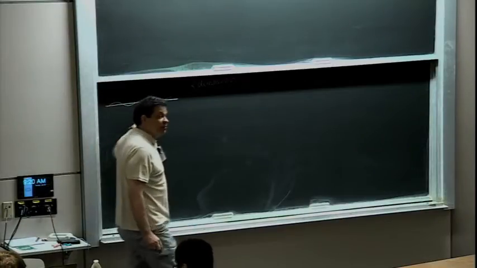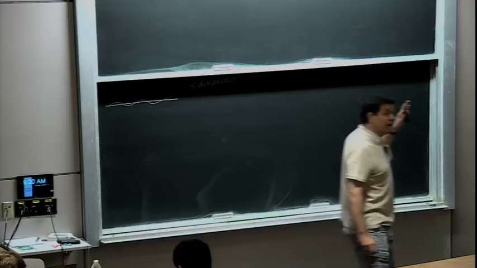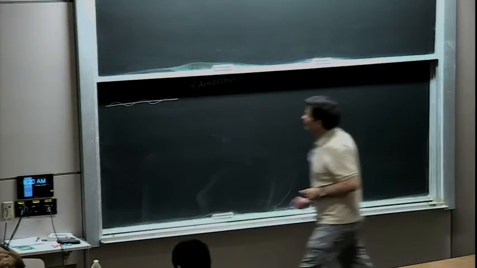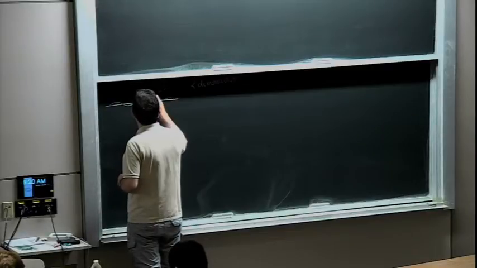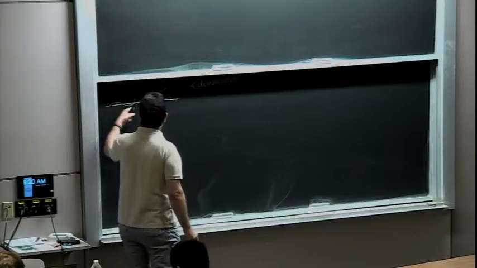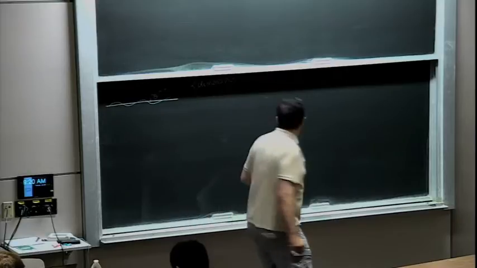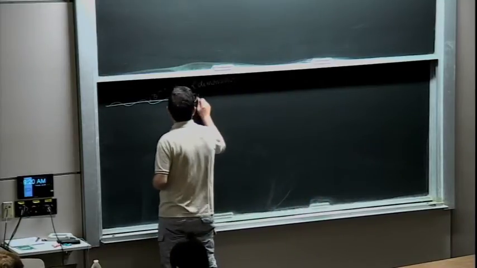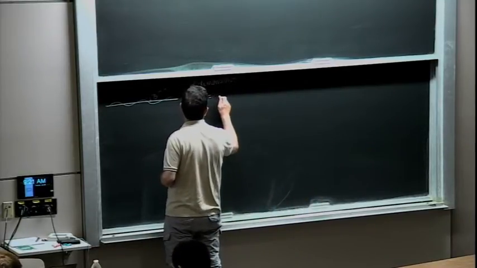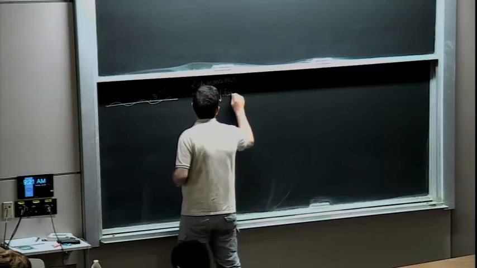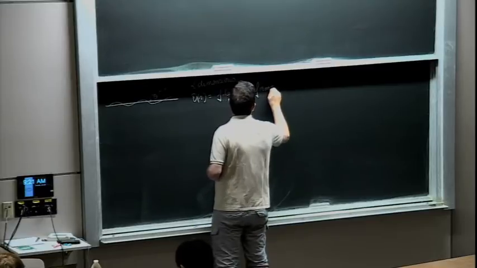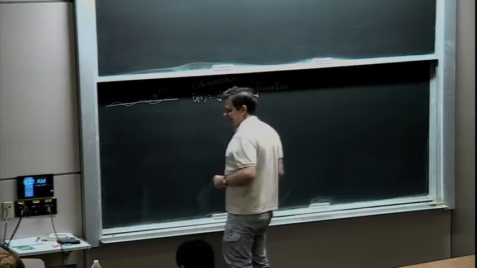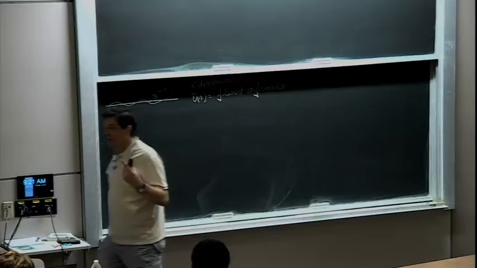The way I will describe this conformation of the filament is by the local angle of the tangent. So I call theta the angle of the tangent here. And theta depends on the position of the filament. So theta is a function of S. And this is why it makes it easy.